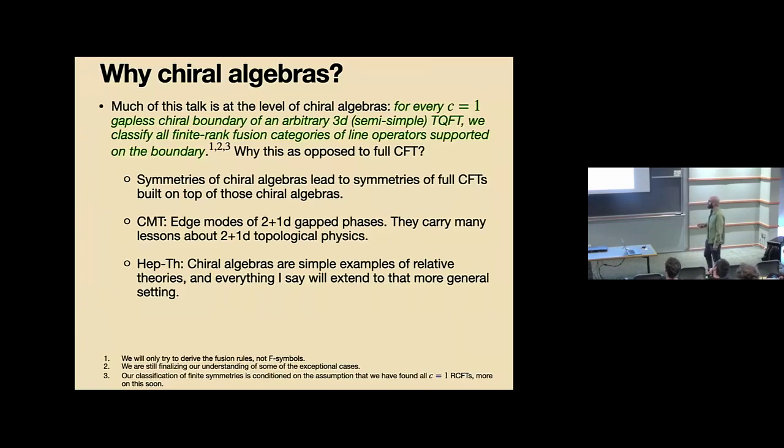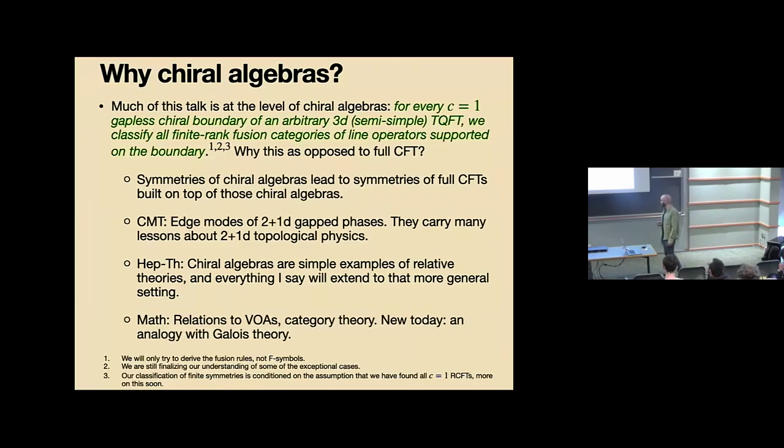A high energy theorist would understand chiral algebras as the simplest example of a relative quantum field theory, that is, a quantum field theory that's attached to a bulk in one higher dimension. Understanding symmetries of relative quantum field theories has more moving parts, and there are some intrinsically interesting things there as well, about which I'll say more later.